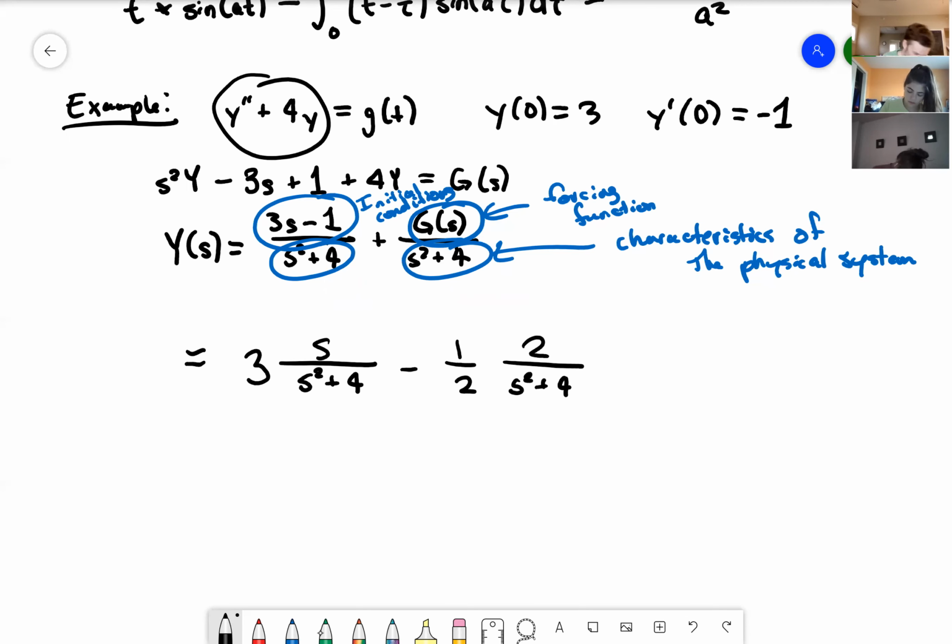Writing this in the form a over s squared plus a squared, plus 1/2 times 2 over s squared plus 4 times G of s.